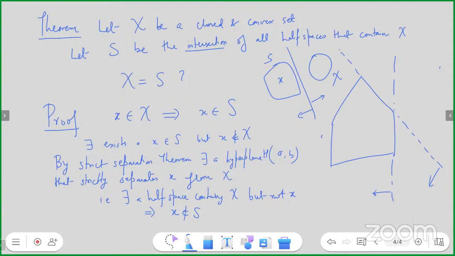Okay, so let's do the converse here. Now let's look at the converse of the separation theorem. So what did the separation theorem tell us? That if there are two convex disjoint sets, there exists a hyperplane which separates them. What about the converse?